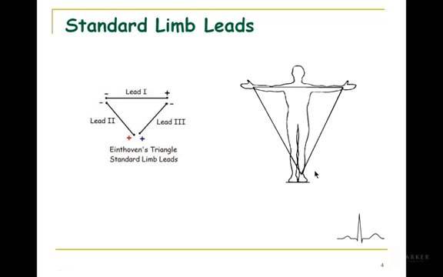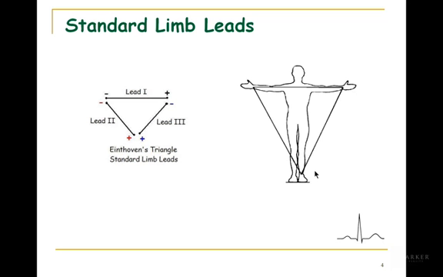Bi meaning two, polar meaning poles. They're called bipolar because you have two electrodes placed on different regions of the body that each contribute significantly to the recording: a positive recording electrode on one limb and a negative recording electrode on another limb. This is the one we're going to do most often in lab.